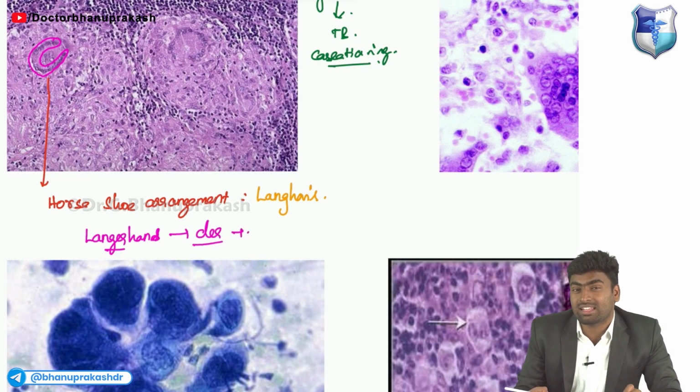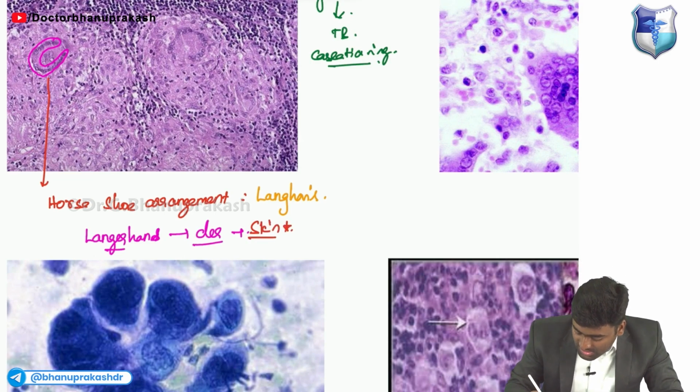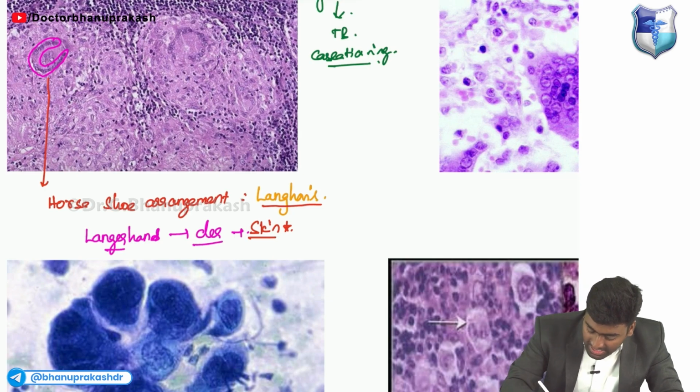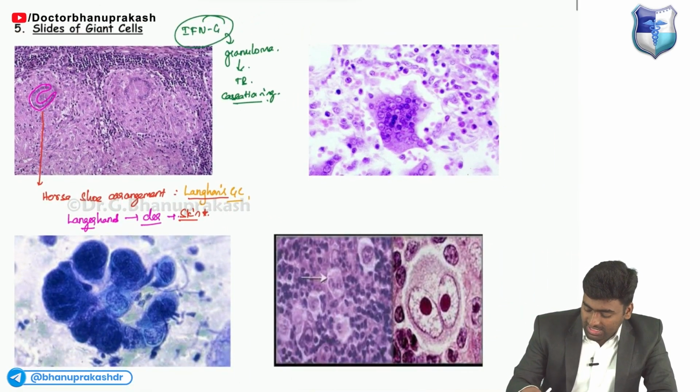So the Langerhans cell is seen in skin. Whereas in TB, you will see the Langhans giant cell, and it is horseshoe in shape. And mostly this will show caseating granuloma.